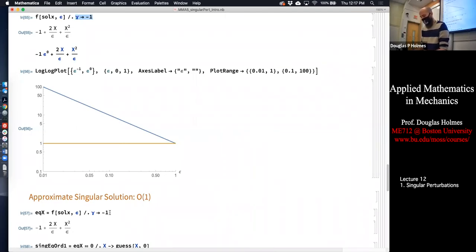You end up with almost a table of possible rescaling values for gamma, and you're looking to see which one's consistent and which one's not.